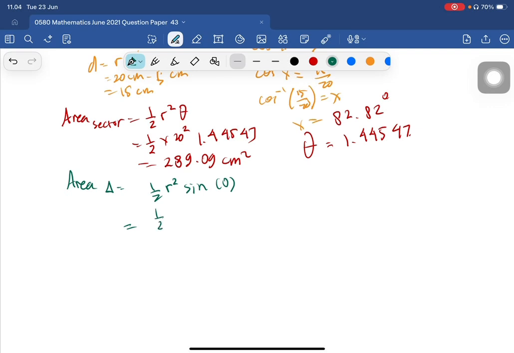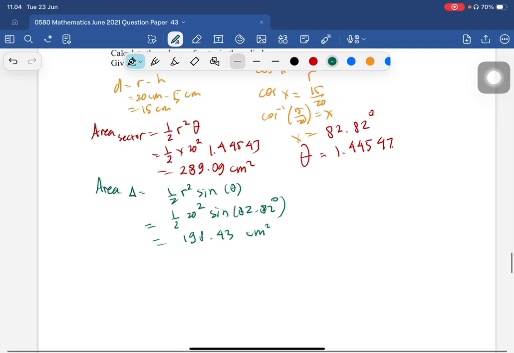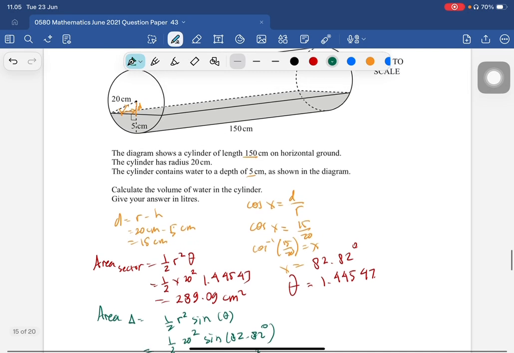So here is 1/2, this is 20 squared, sin of the angle, 82.82 degrees. Okay, you can use a calculator. You will get 198.43 centimeters squared. Okay, so we got it.